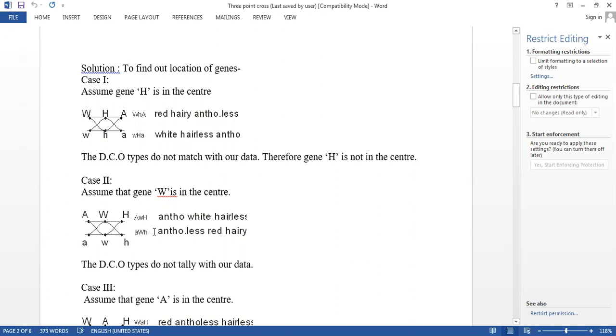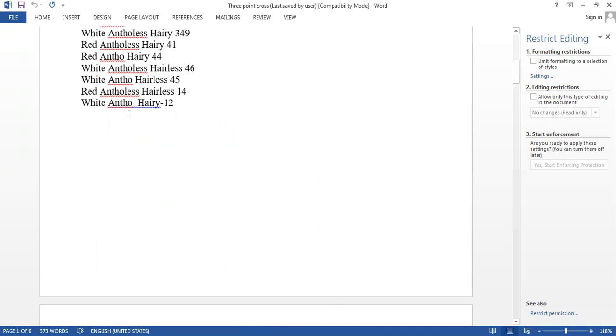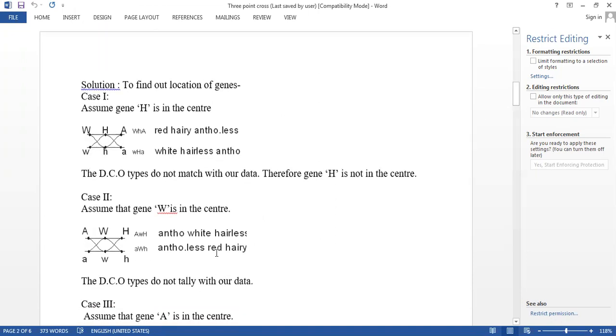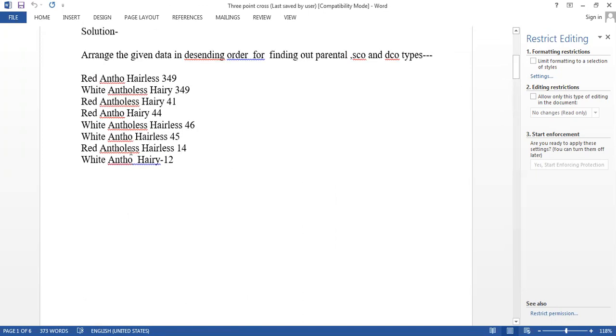Now look at the combination. Antho, white and hairless. White with antho and hairless. See? White with antho is there. Is hairless there? No. Second, look at the combination of red. What is there with red? Hairy and antholess. Compare that. Red with hairy, antholess is there, but hairy is not there.